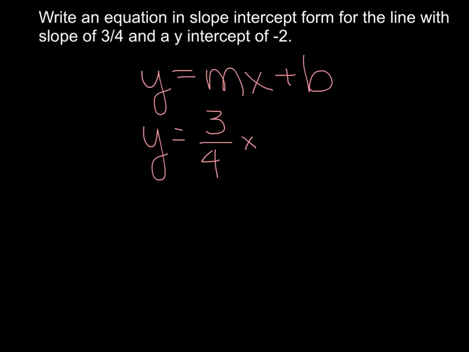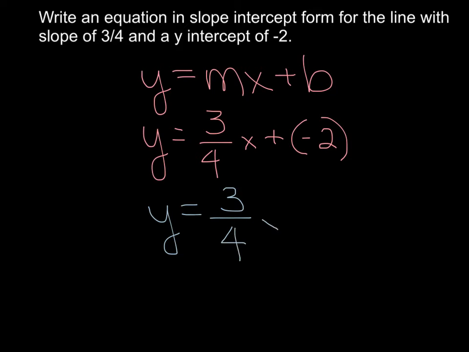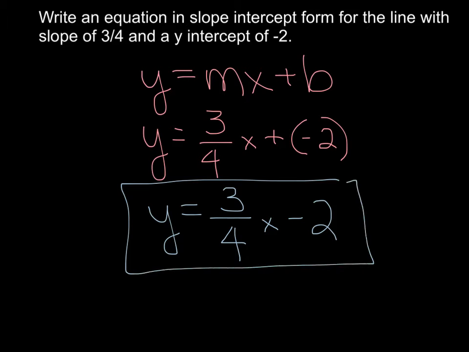X stays the same, and b is the y-intercept. So we could write it as plus -2, or you can just write this out as y equals 3/4x minus 2.